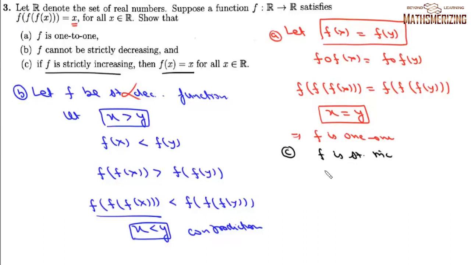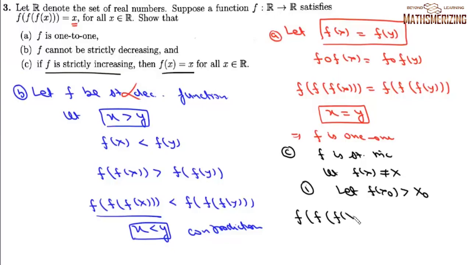Now what we'll do is we'll let f x be unequal to x. That means f x is either greater than x or less than x. So we consider the first case when f x naught is greater than x naught. Now we consider f of f x naught. Now for this function, f x naught is greater than x naught.